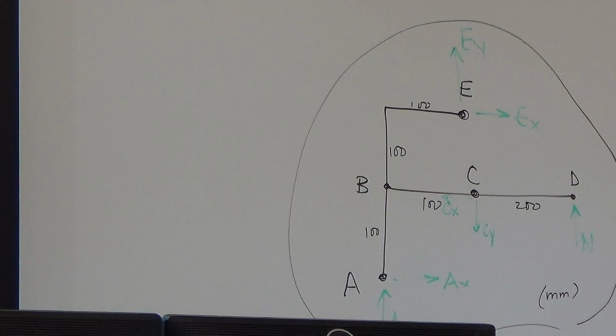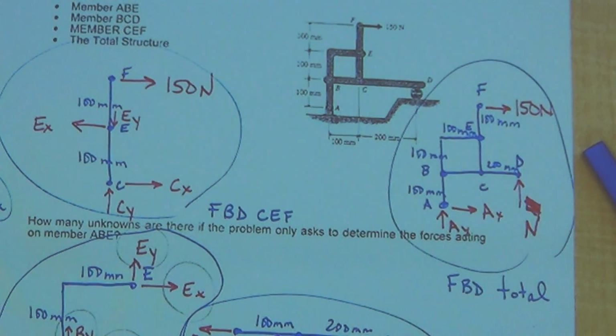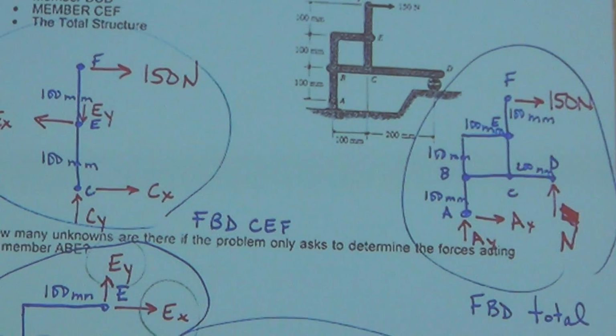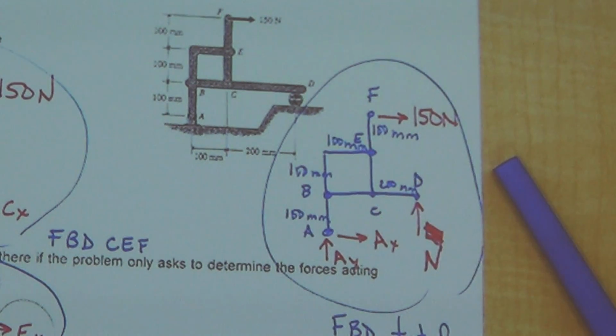So everybody looking at the total free body diagram, do sum of the forces in the X and you get AX. Everybody agrees? Do sum of the moments about D and you could find AY. Agree? Okay, so far we have AX and AY done. So let's check them off on the free body diagram. We figured those out already.